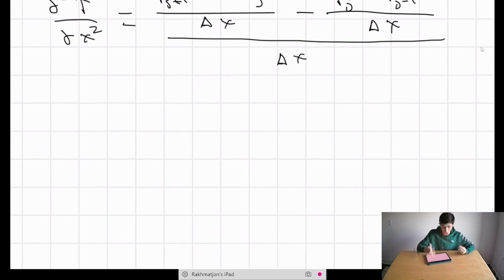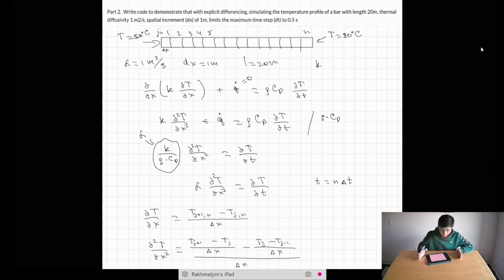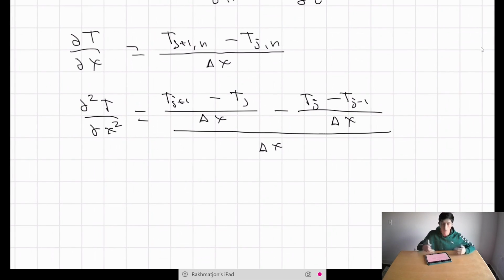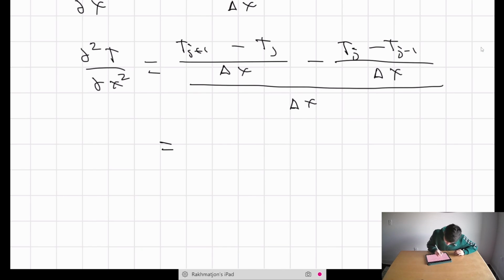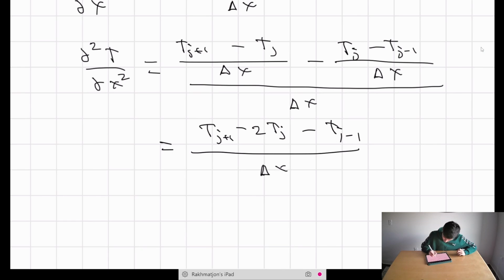So it's going to be the assumption, since we're using explicit differencing, right? We're going to see if the method we are using is going to work when we plot it. Okay, so that is going to be equal to Tj plus 1 minus 2Tj plus Tj minus 1 over delta x squared.